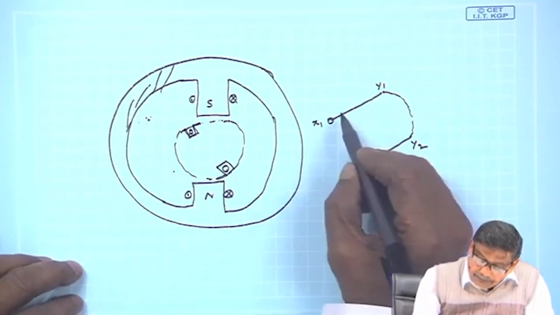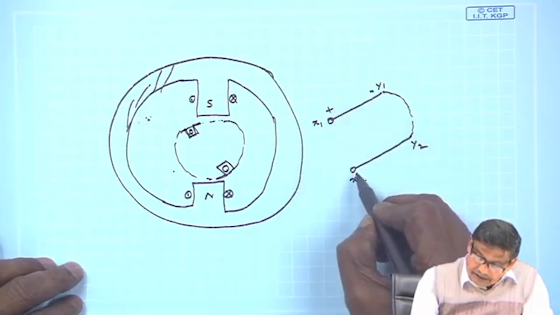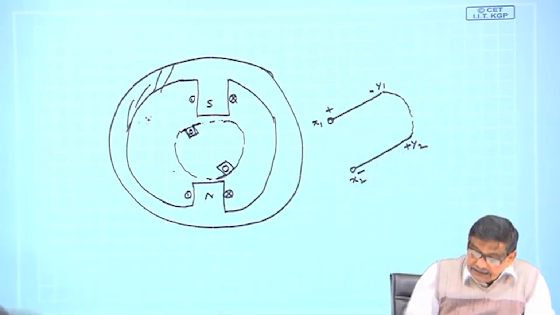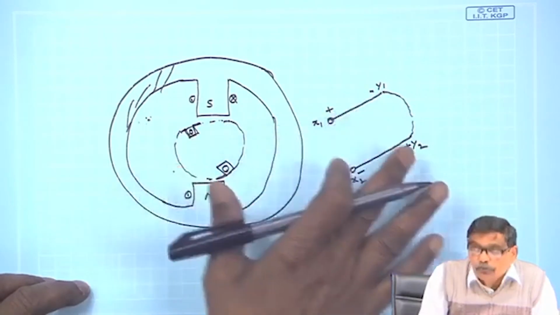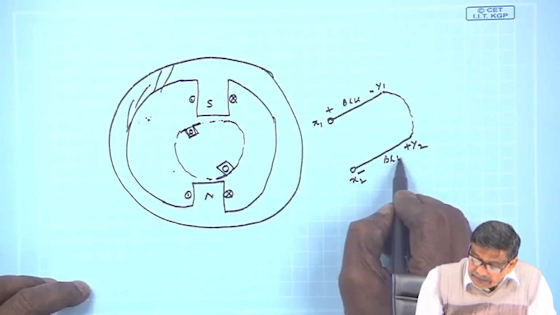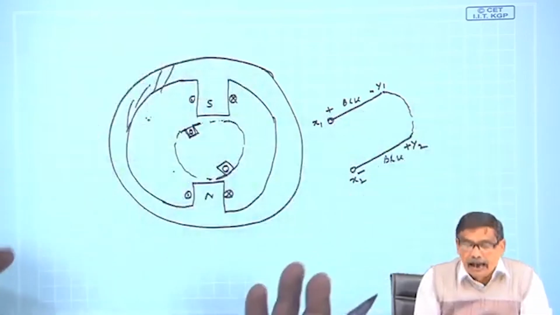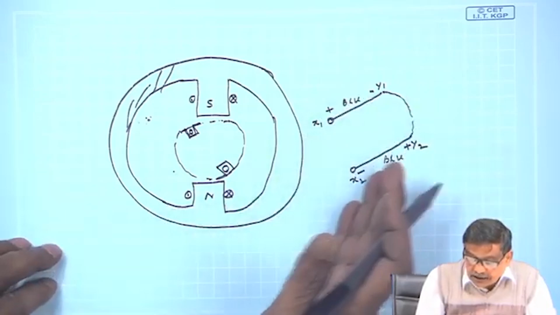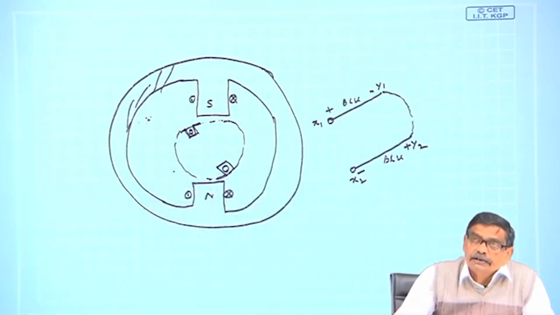And these two EMFs, if it is plus minus here, this will be minus plus there, and then the voltage across x1 x2 will be twice of these two voltages. This is BLV, this is BLV, but the polarities are such that these two EMFs get added up and you get the sum of these two voltages appearing across x1 x2 if it is operating in generating mode.